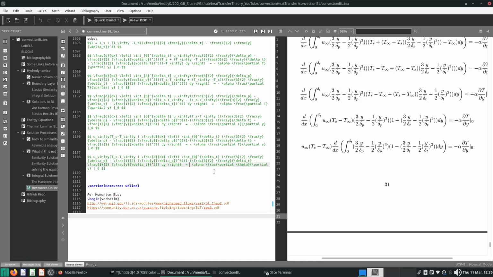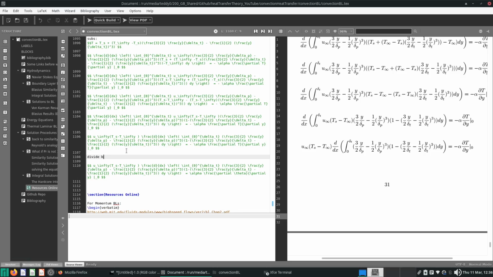So divide both sides by Ts minus T infinity.